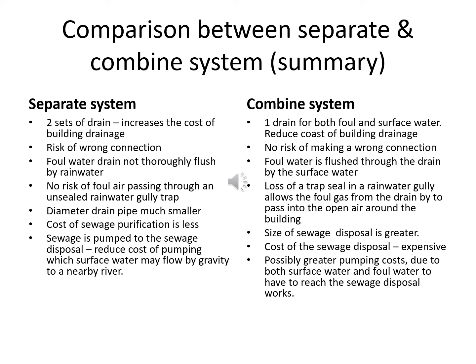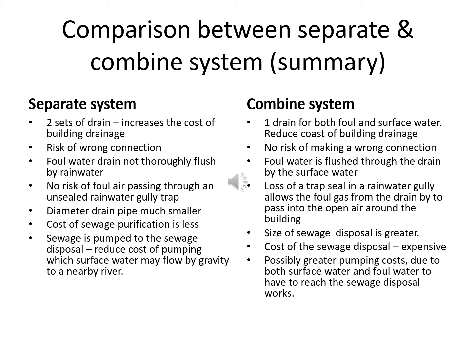The separate system has two sets of drain, which increases the cost of building drainage. In the separate system, the risk of wrong connection is possible. The foul water drain is not thoroughly flushed by rainwater, but there is no risk of foul air passing through an unsealed rainwater gully trap.